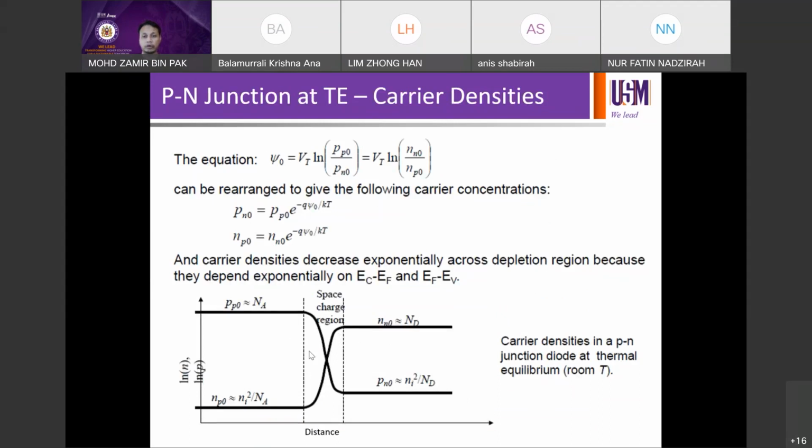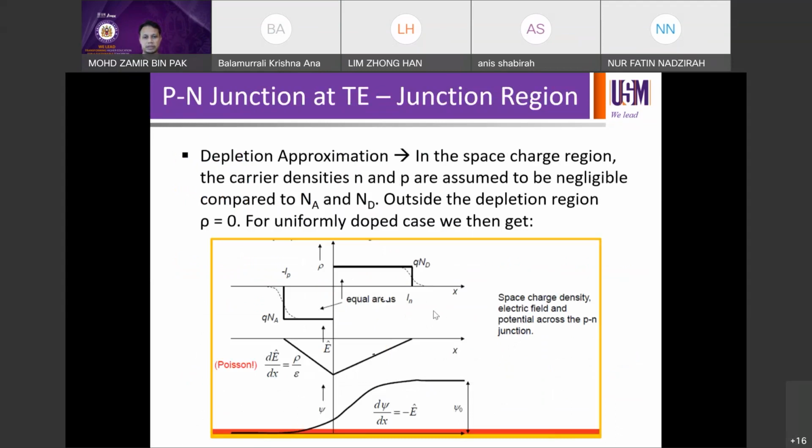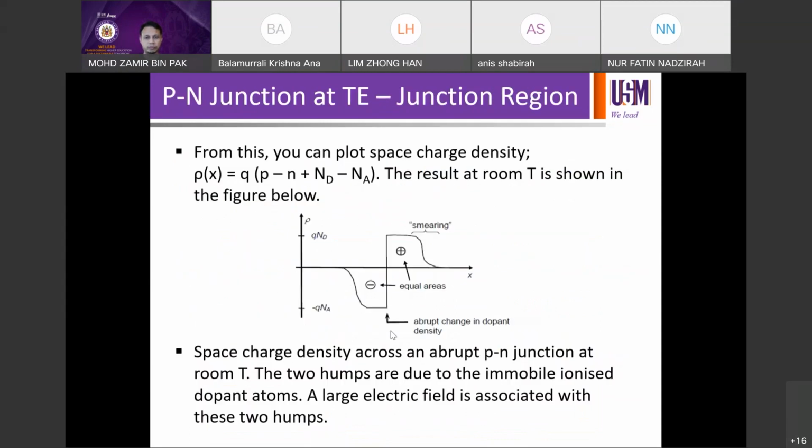This is the only region where you have these charges. Outside of that, you can see the level goes off to zero. That means outside this region, to the right and to the left, the charge is equal to zero.